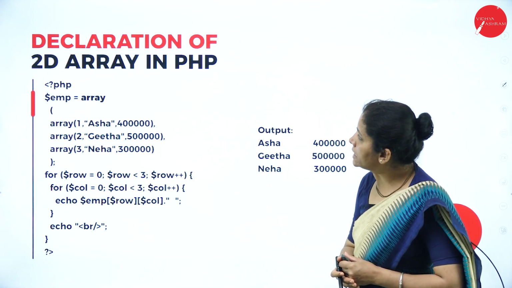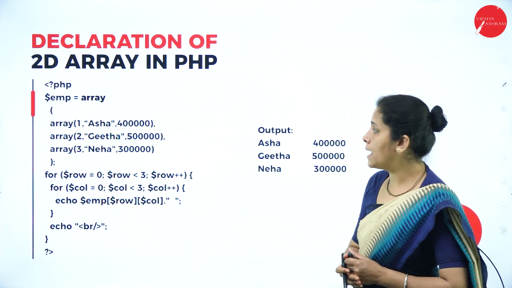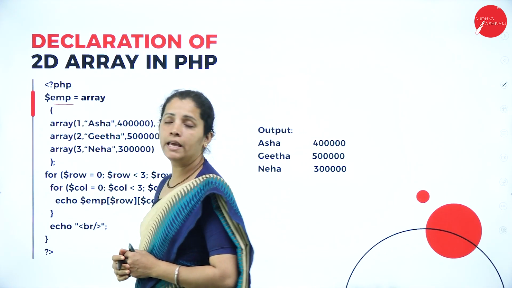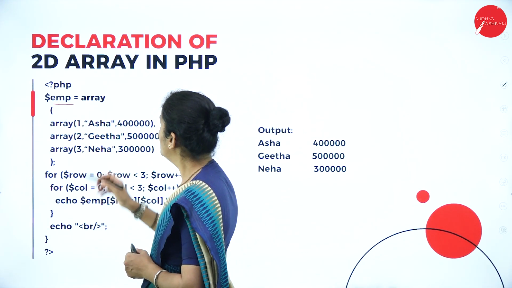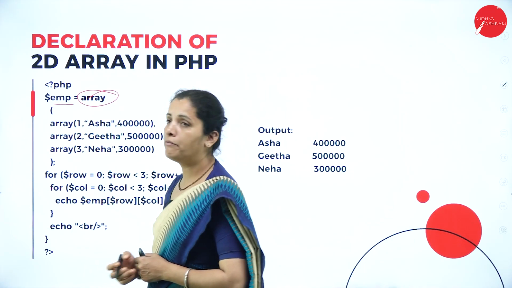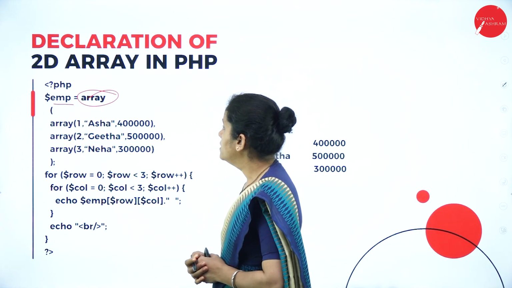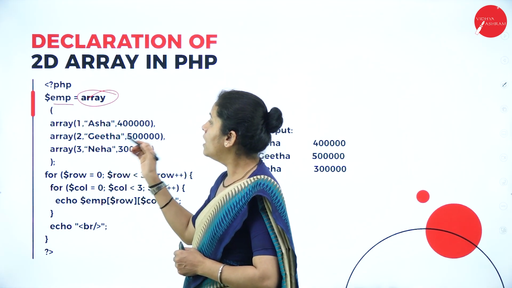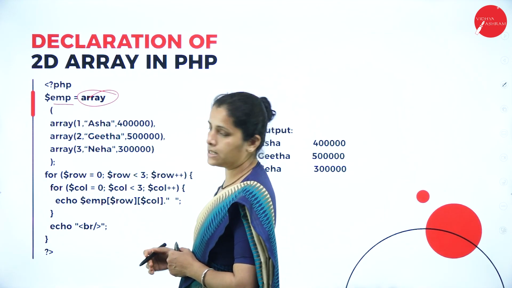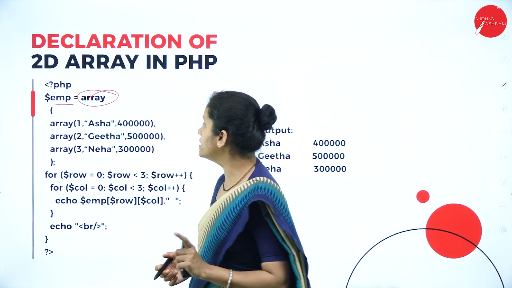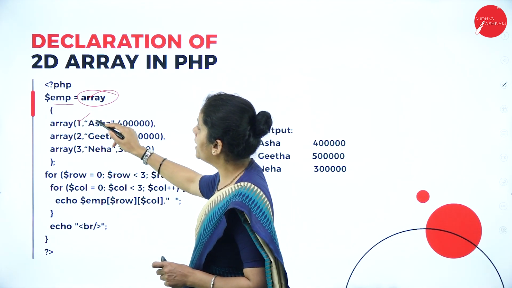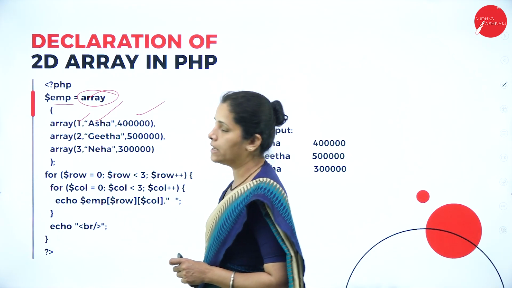Now, let's discuss the example program here. What's my array name? That is employee, and I'm creating the array by using the array function. How many elements do I have? It is a 3 cross 3 matrix. I have the employee ID, employee name and salary.